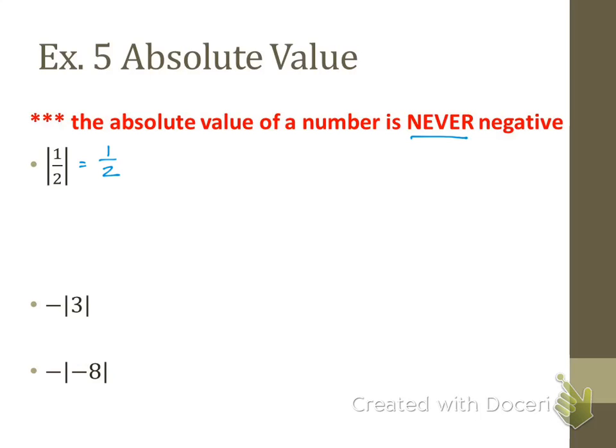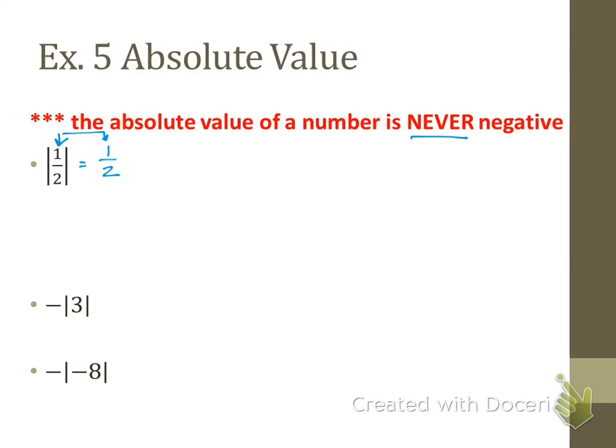These absolute value bars, what you need to remember about them is they are not parentheses, they are not brackets. They do not act as those. They simply tell us whatever is inside of those absolute value bars, the answer is going to be positive.